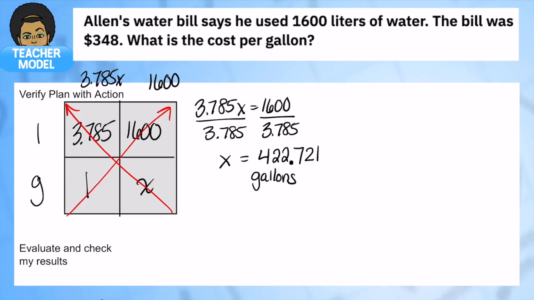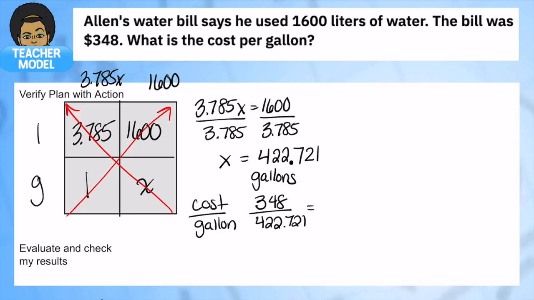So that was the first part of my step. And then next, what we would do here is we want the cost per gallon. So I can just take my cost, $348, and divide it by our gallons. And that will give us, let's see, 348 divided by 422.721.